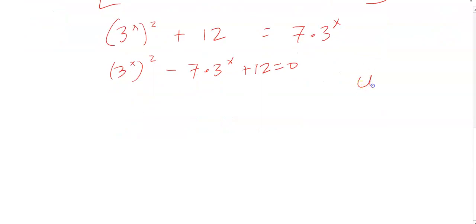And then do a u substitution. So make u is equal to 3 to the x. So u squared minus 7u plus 12 is equal to 0.